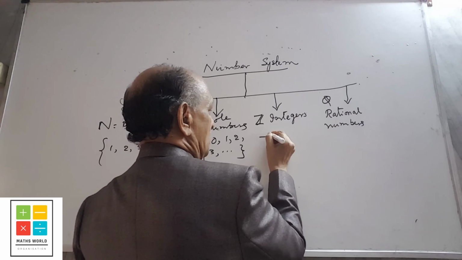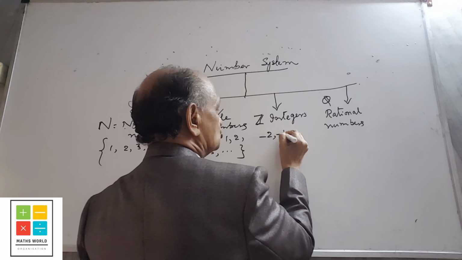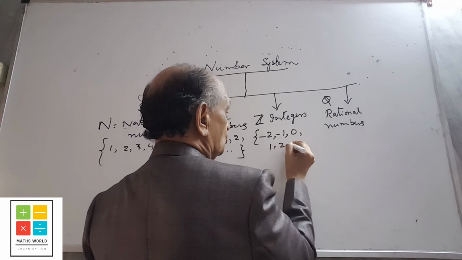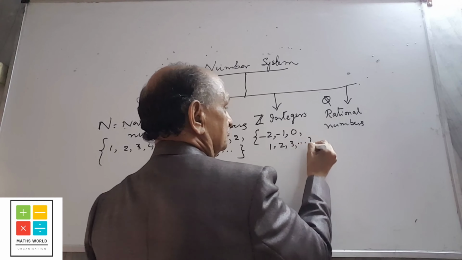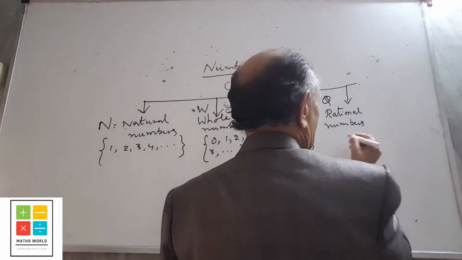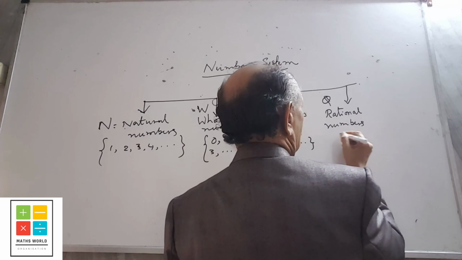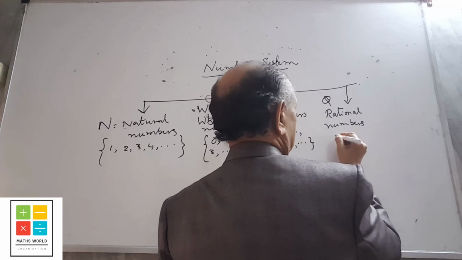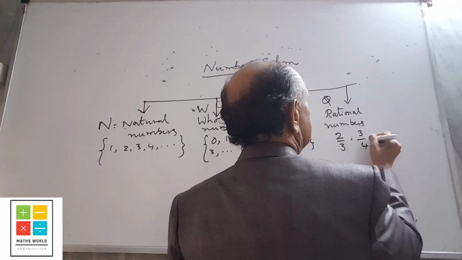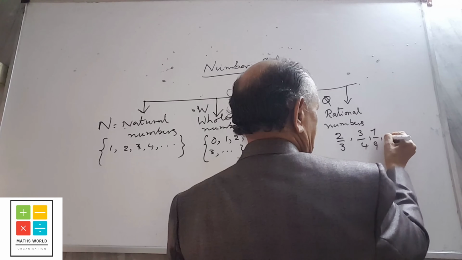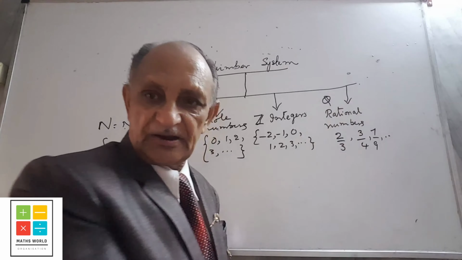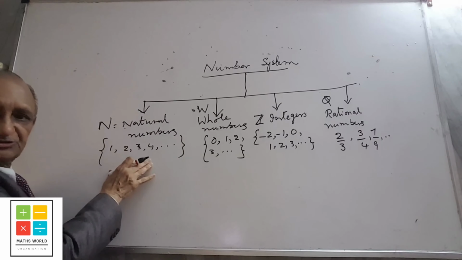Integers: minus 2, minus 1, 0, 1, 2, 3, dot, dot. Rational numbers are like 2 by 3, 3 by 4, 7 by 9, etc. We will deal with this separately.